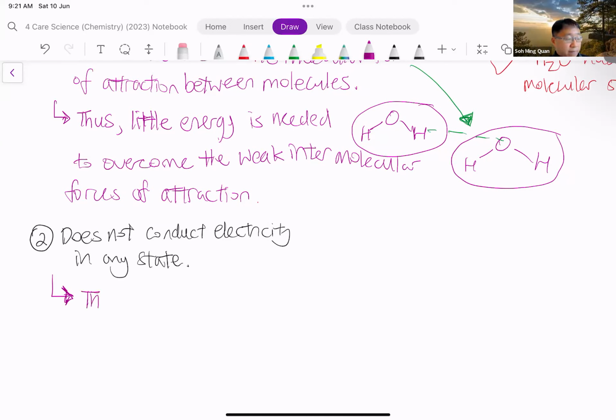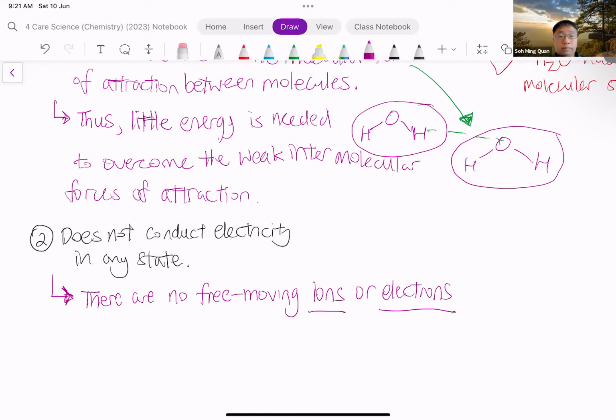So we say that there are no free moving ions or electrons. All right, so in water, in CO2, there are no free moving ions or electrons that can enable the substance to conduct electricity.